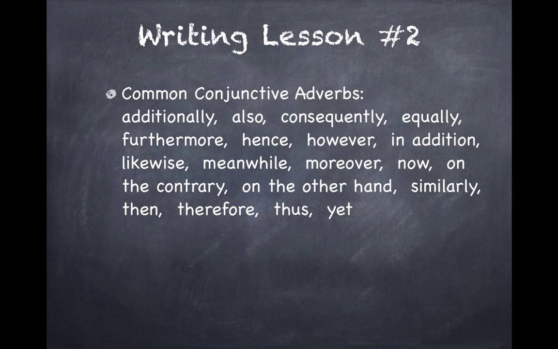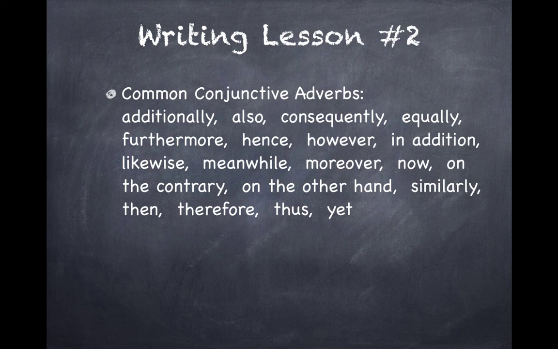So some common conjunctive adverbs would be additionally, also, consequently, equally, furthermore, hence, however, in addition, likewise, meanwhile, moreover, now, on the contrary, on the other hand, similarly, then, therefore, thus, and yet. Now, there may be more, but these are just some basic ones.